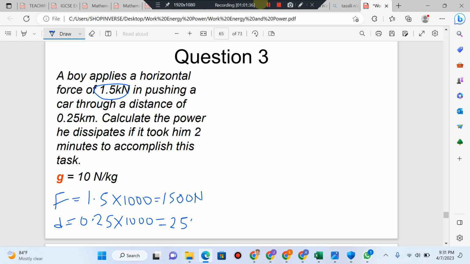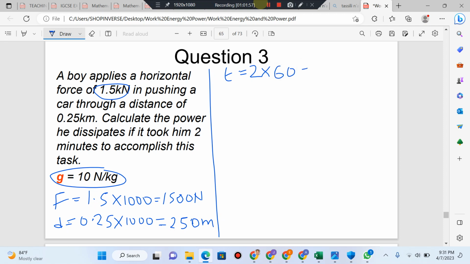So 0.25 multiplied by 1000, you get 250 meters as the distance. And we already have our g to be 10 Newton per kilogram. Now, if it took him 2 minutes, how do you convert minute to second? You multiply by 60. So your time is 120 seconds.